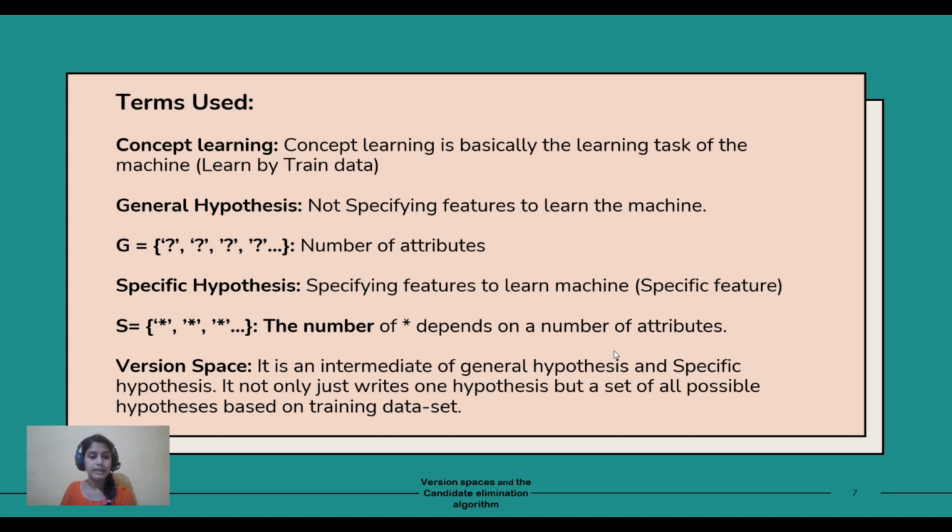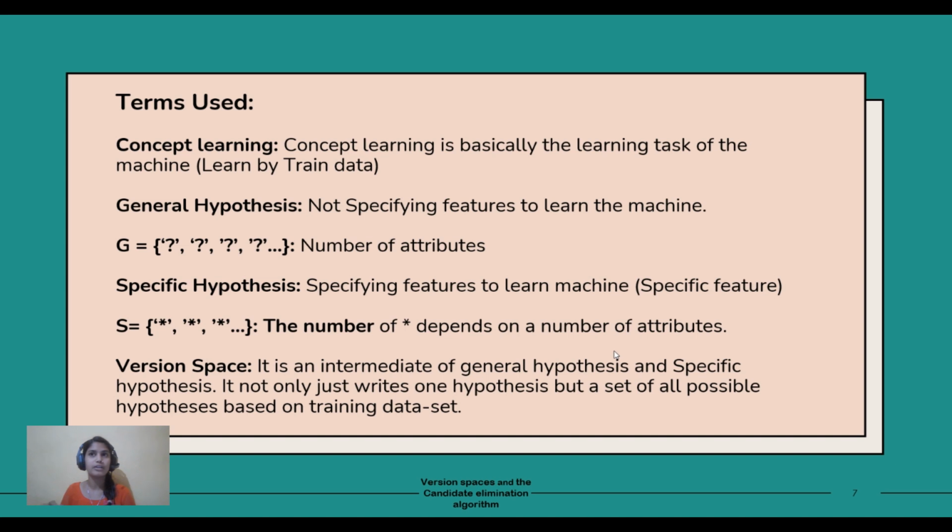Now, next is version space. It is an intermediate of general hypothesis and specific hypothesis. It is not just a single hypothesis, but a set of all possible hypotheses based on the training data set. So this version space lies between the general and specific hypothesis.